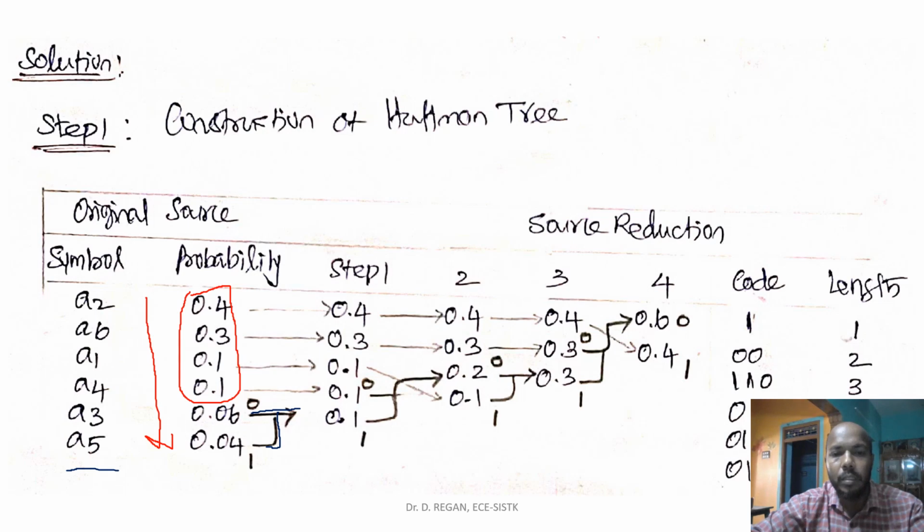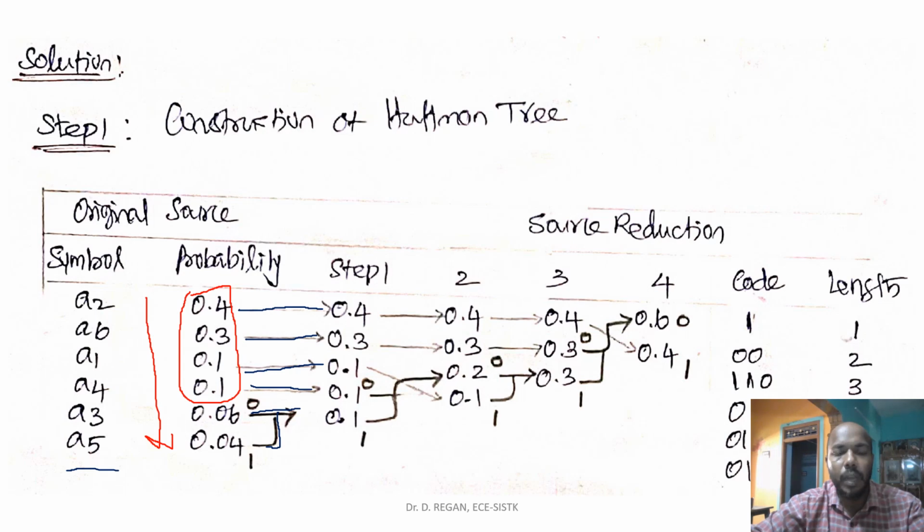Check the existing probability values 0.4, 0.3, 0.1: the result 0.2 is greater than the existing 0.1, so we have to do the descending order again. Now it is 0.4, 0.3, the compound symbol 0.2, and the existing probability 0.1. From here the order is the same, continuing.